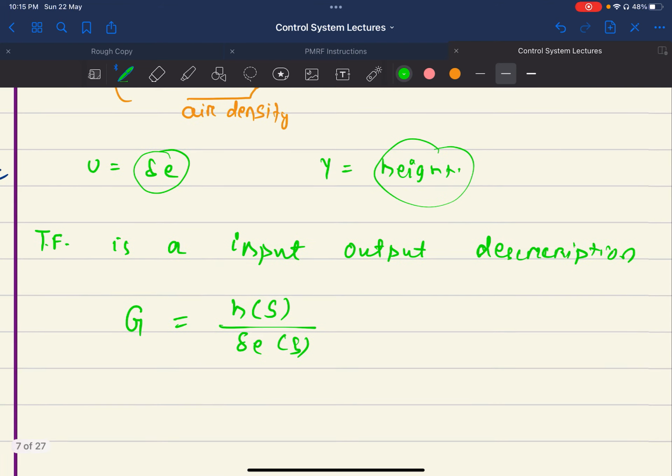So technically, the definition we can write is this transfer function.